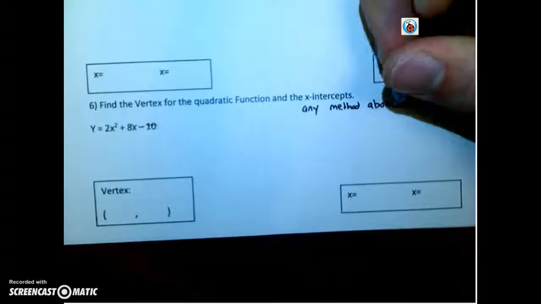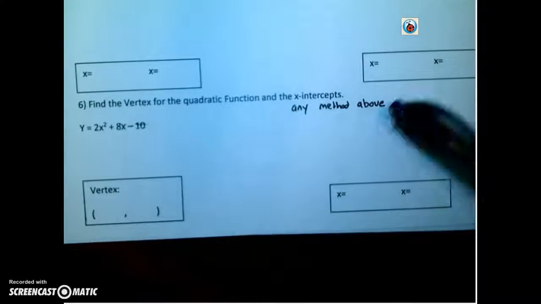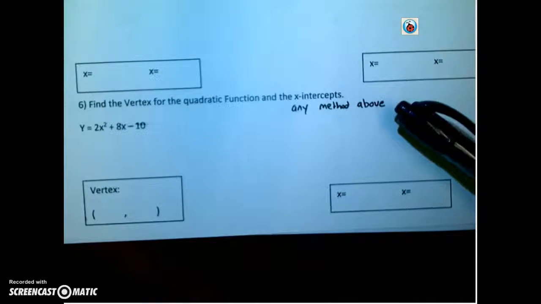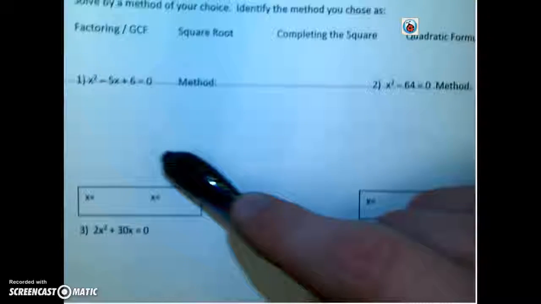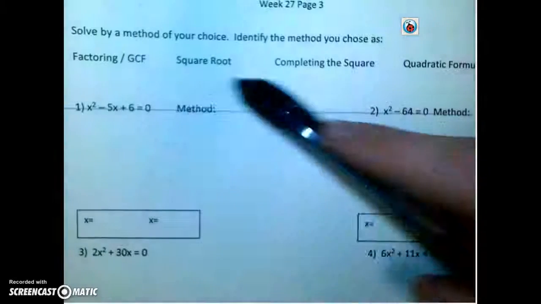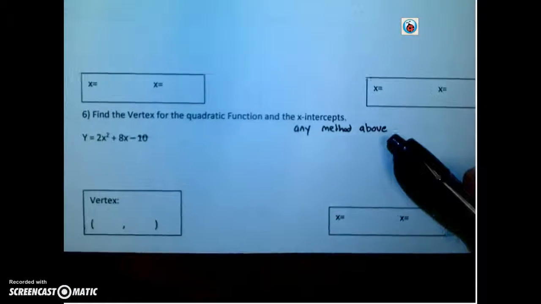All right, you could factor and solve to find it. To solve it, you solve just like you solved up here, right? Any of these maybe not factor. Quadratic formula would for sure x intercept.